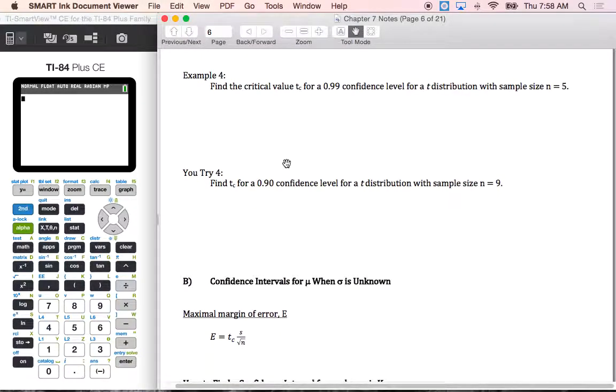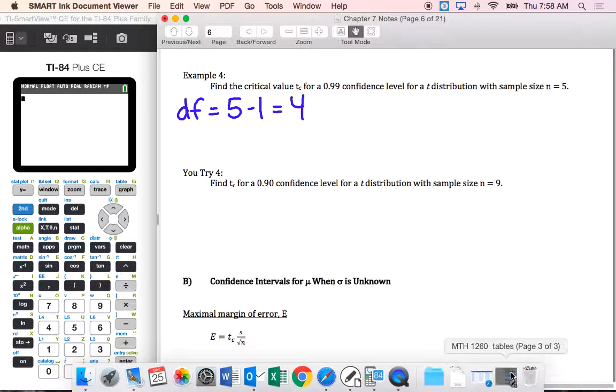Okay, so looking at example 4, it says find the critical value for 0.99 when we have a sample size of 5. So my degrees of freedom is going to be 5 minus 1, which is 4. So we're going to go to our table and we want the 0.99, not 0.999, but 0.99, and we want a degrees of freedom of 4.